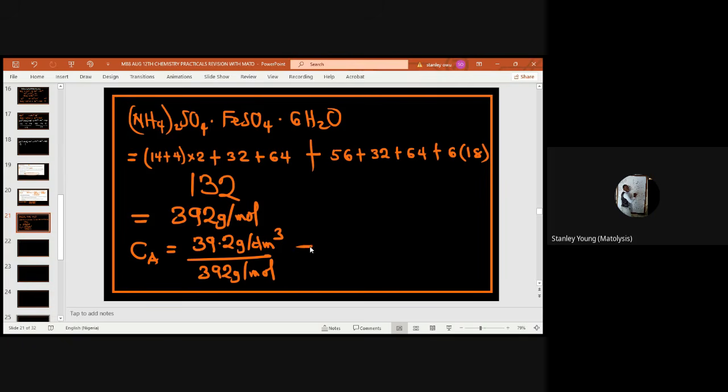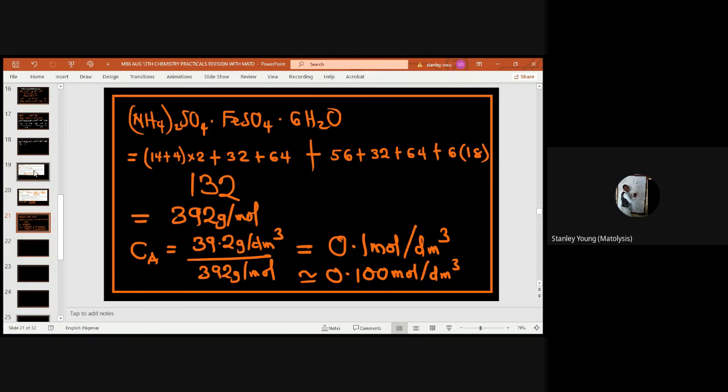Now take note of the unit. The gram cancels out. So this is going to be 0.1 mole per dm cube. So that's the information you have for the molar mass. You get that? Okay. You can probably put it in 3 decimal places, not necessary, but since it's a calculated value, let's put it in 3 decimal places.